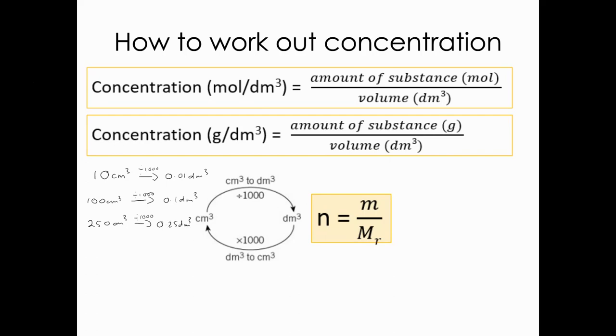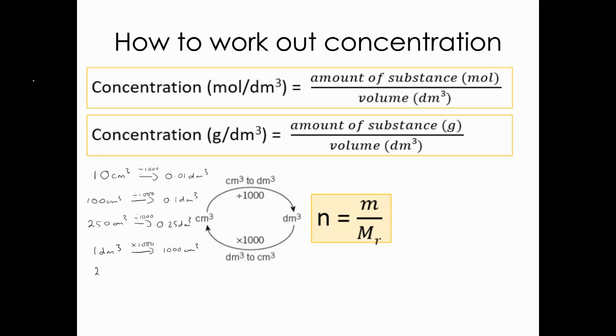Normally we'd be doing it that way around, but sometimes it might ask you to do it the other way around. So if I had 1 decimeter cubed, to turn it into centimeters cubed, I just times by 1,000. So that would be 1,000 centimeters cubed.